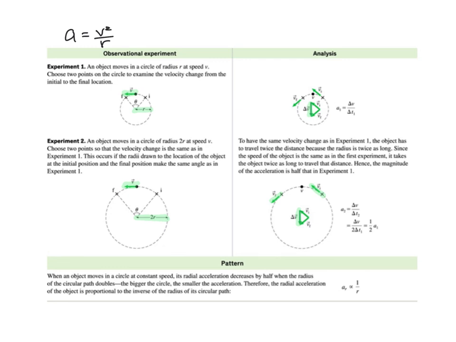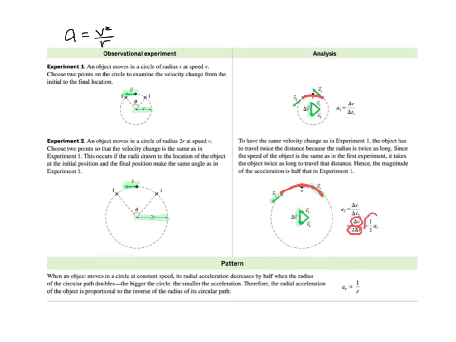But now to go from here to here, this arc length is twice as long. So it's going to take twice as much time. So I've got 2t in the denominator. So my delta v vector is the same in the numerator. I've got 2 delta t in the denominator.